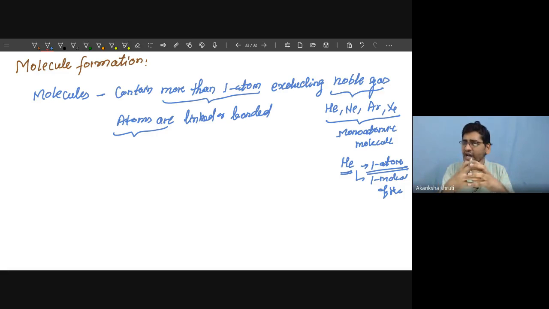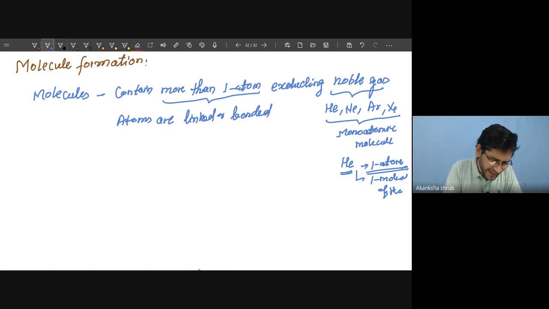Then opposite kinds of ions get attracted. That is one way. Another way is that some electrons are shared. What is this electron? We will learn in our next chapter that inside the atom there are some fundamental particles called electrons. So these atoms are linked.